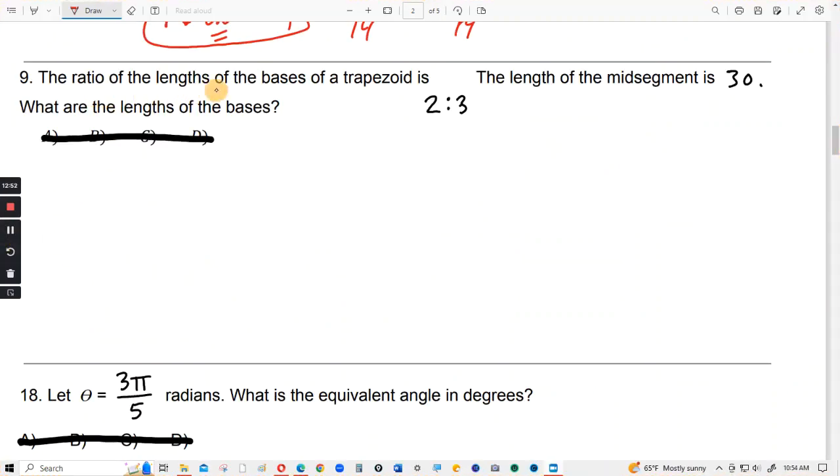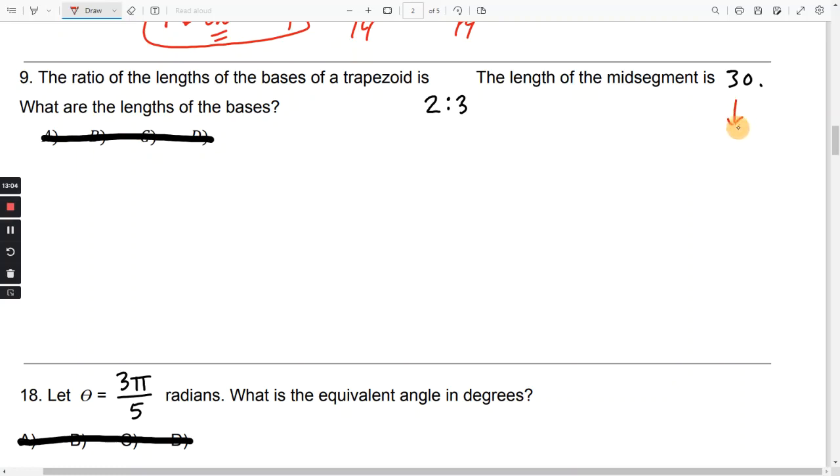The ratio of the lengths of the bases of a trapezoid is 2 to 3. The length of the mid-segment is 30. What are the lengths of the bases? Okay, the mid-segment is basically the average of the bases.